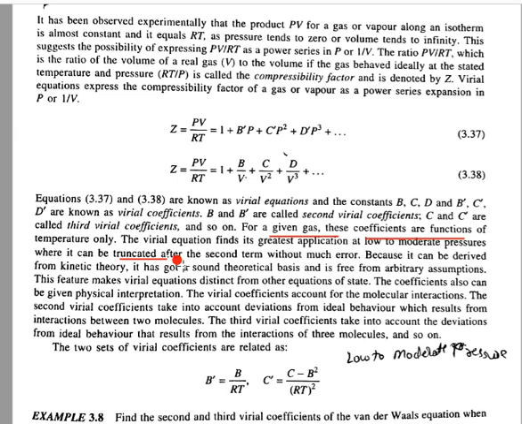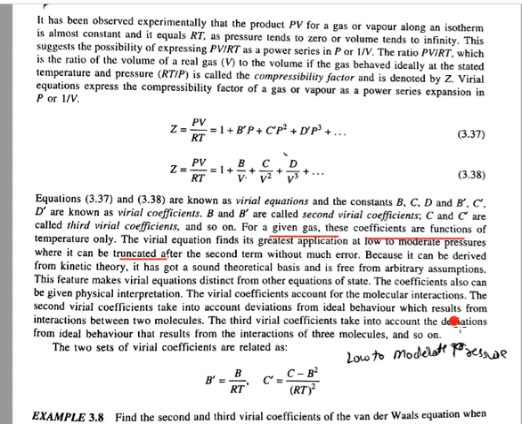So the coefficients also can be given by physical interaction, the virial coefficient in terms of molecular interaction. The second virial coefficient takes into account the deviation from ideal behavior. First we consider the first constants, B, C, D, and then the second virial coefficients, B dash and B. The third virial coefficient takes into account the deviation from ideal behavior through the interaction of three molecules.